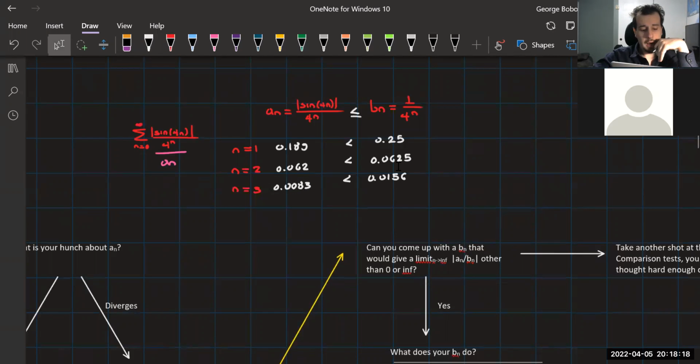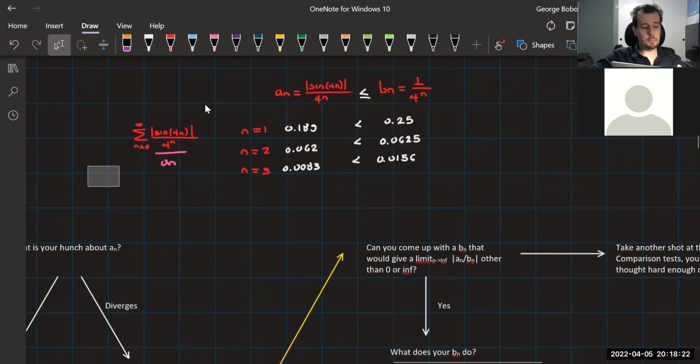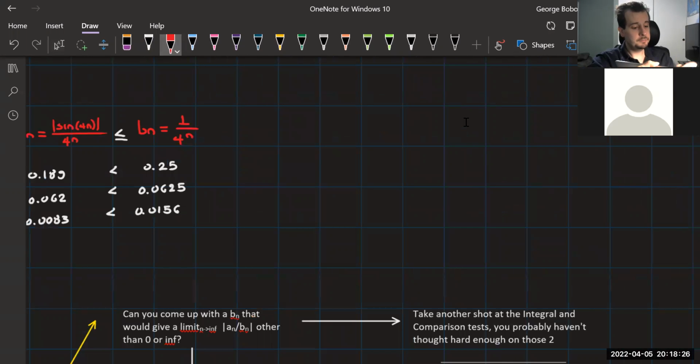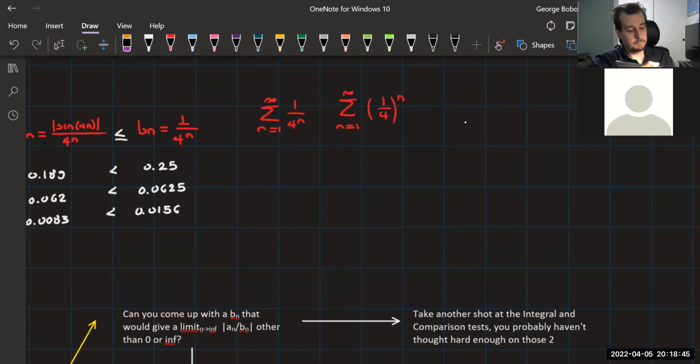So you have a series 1/4 to the n. Does this series remind you of something? What kind of series is that? Any idea? Power series?